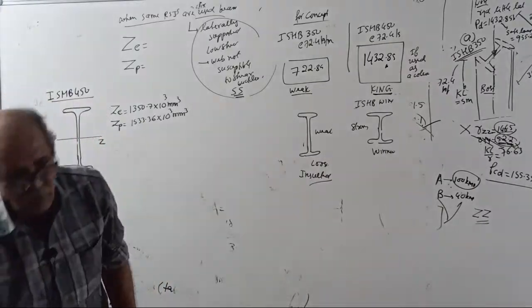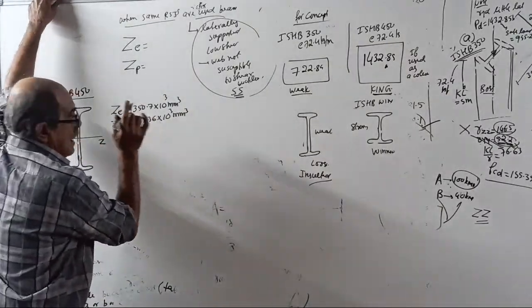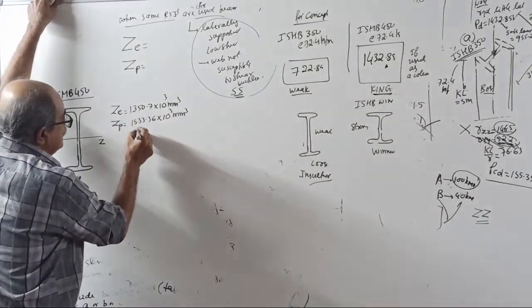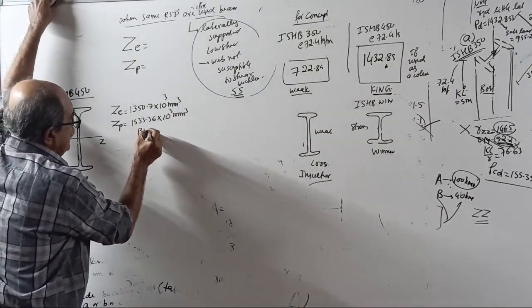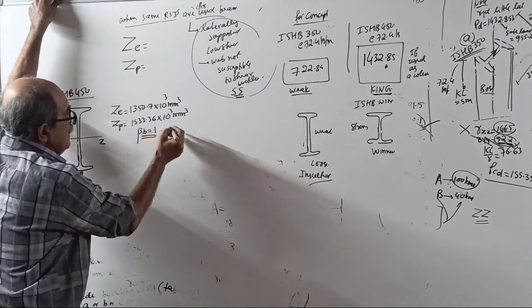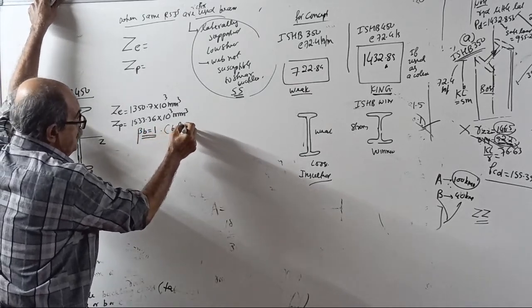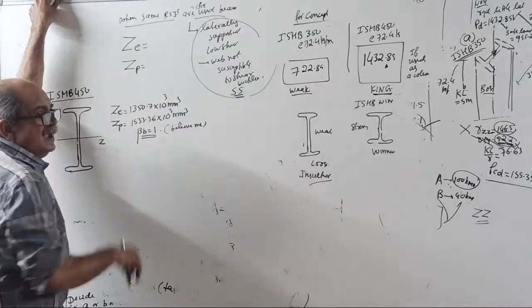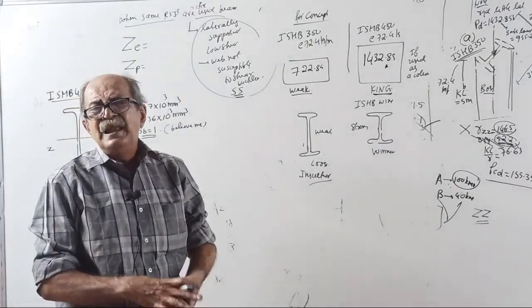Okay. Now you will know, and I am so sure that for this section your beta B will come 1. Why, means believe me. Today you believe me, later you worry.